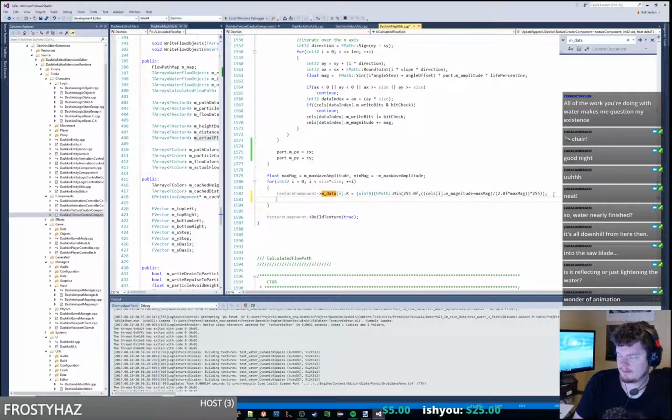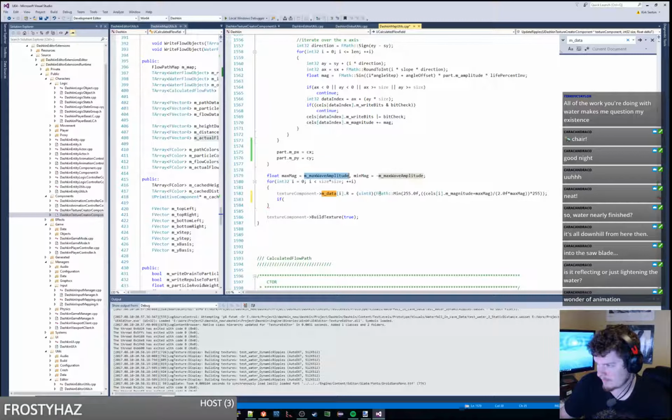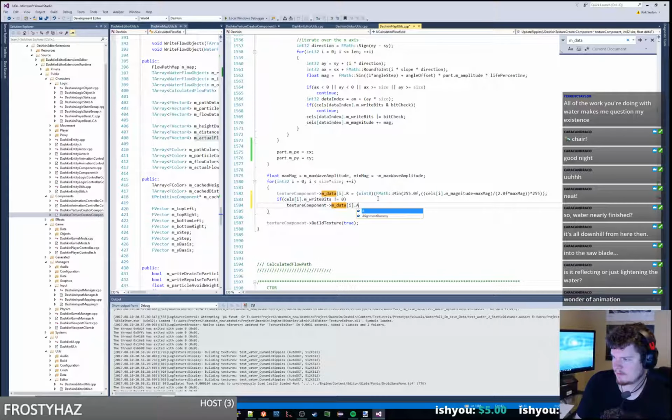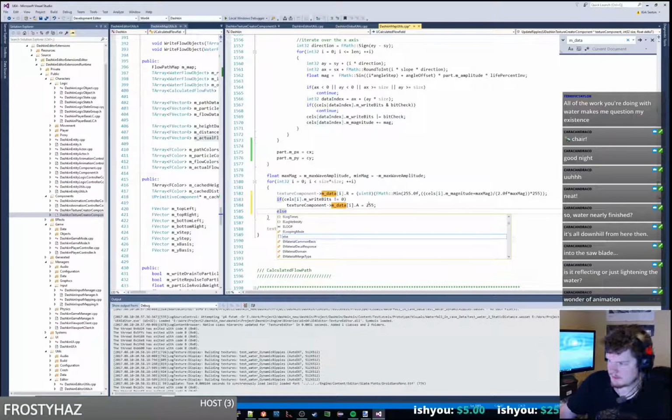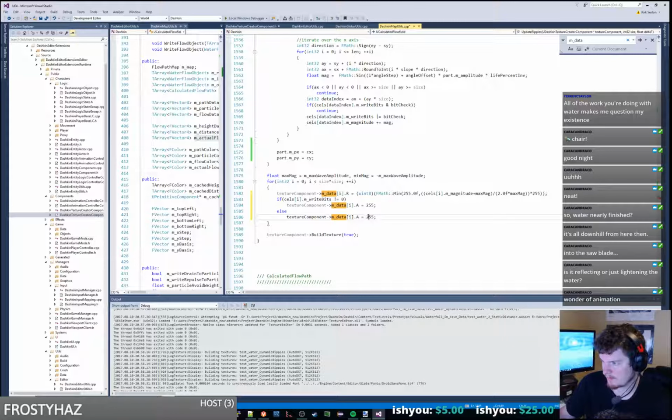Alright, so it's basically if cells sub I dot m right bits does not equal 0, then the A channel is 255. Otherwise, the A channel is 0.